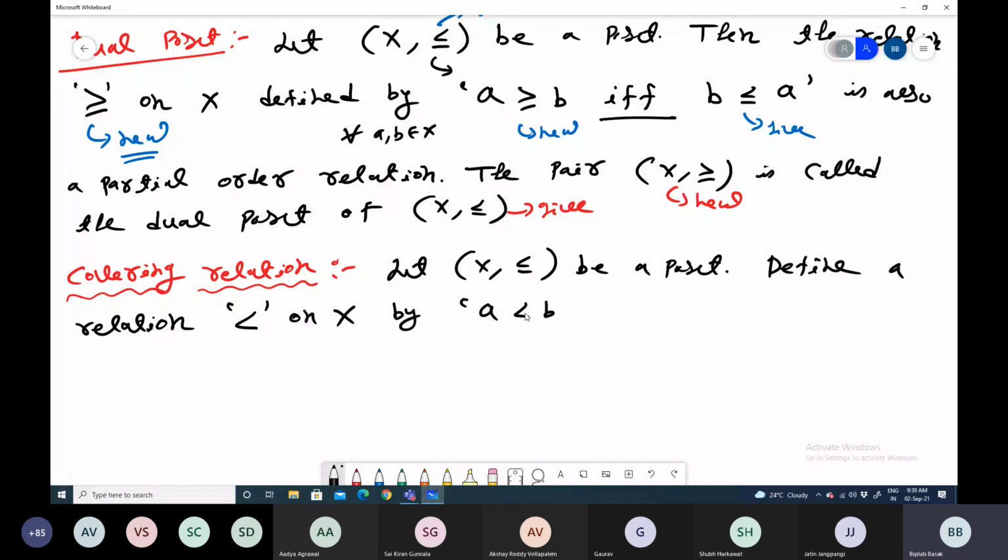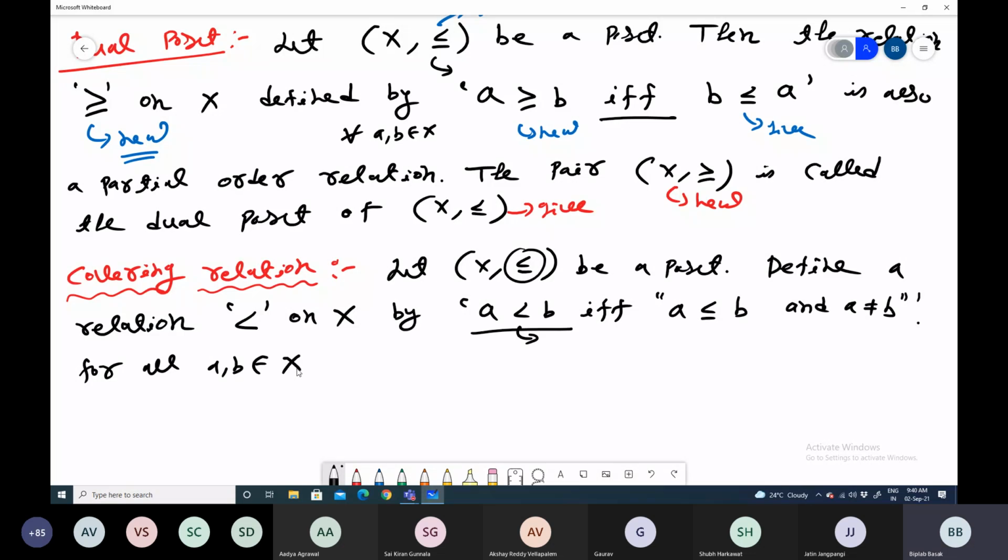A less than B if and only if A is less than or equal to B and A is not equal to B. Now you can check that this is a relation for all A, B in X.